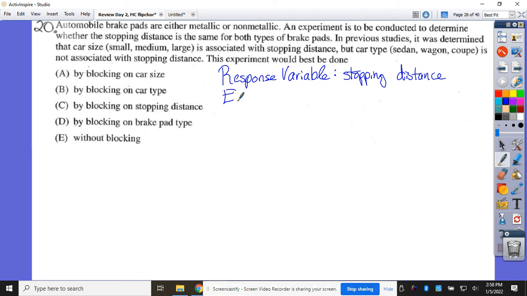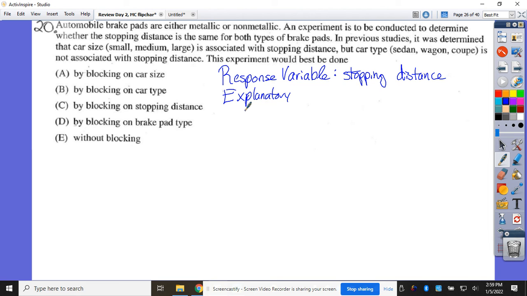For my explanatory variable, I'm going to go ahead and write it separately, so I have a generic name and specifics breakdown. What's my generic name? Brake pads. No. Like words like explanatory, response.